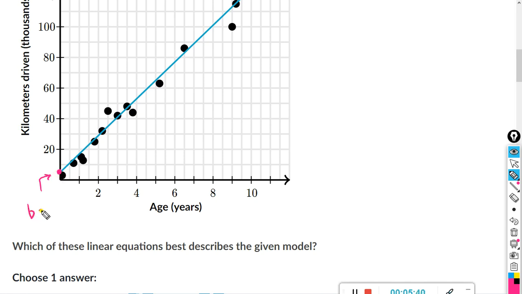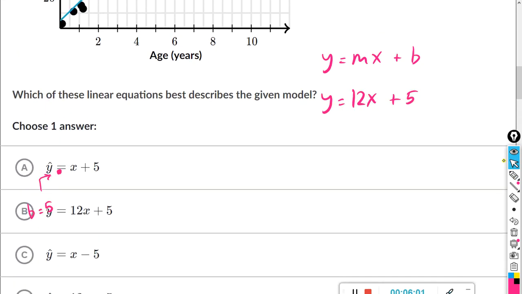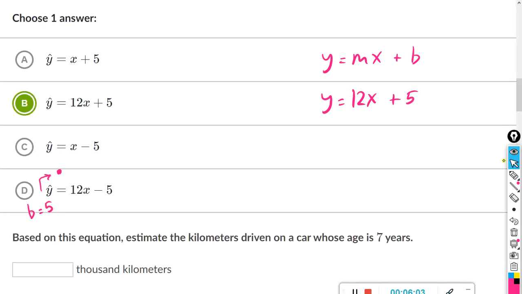So I would call that b equals 5. Remember, we're looking at y equals mx plus b. We established that m had to be 12 from our choices. And now the b is positive 5, so we're looking at 12x plus 5. So that is answer B.